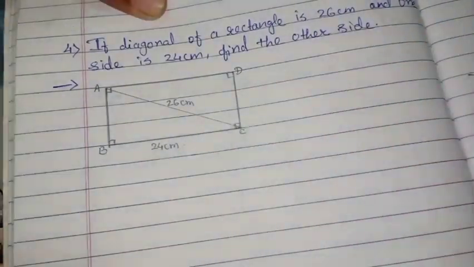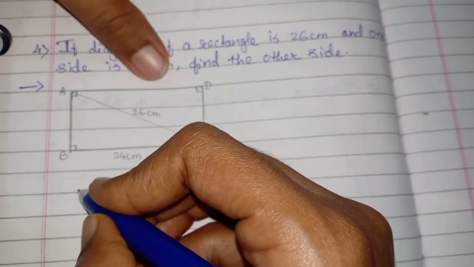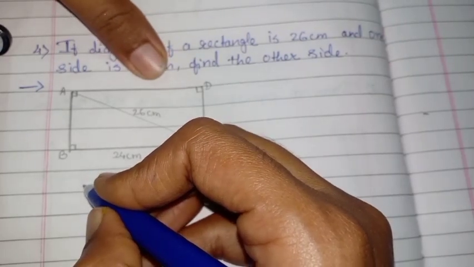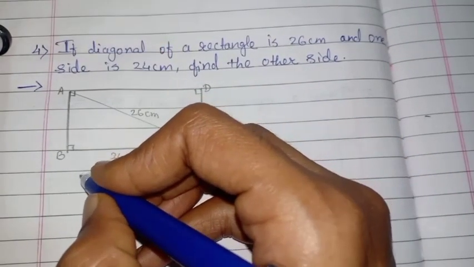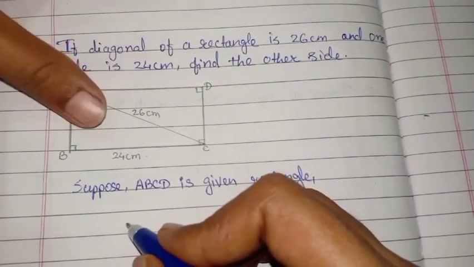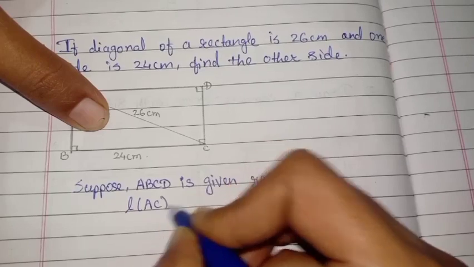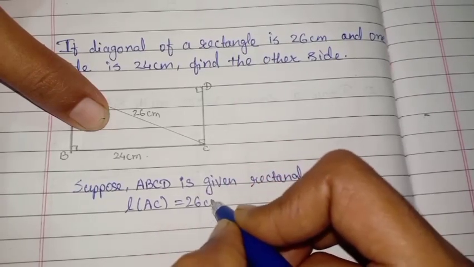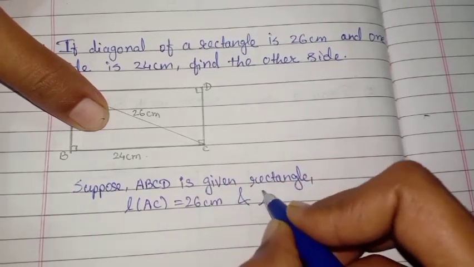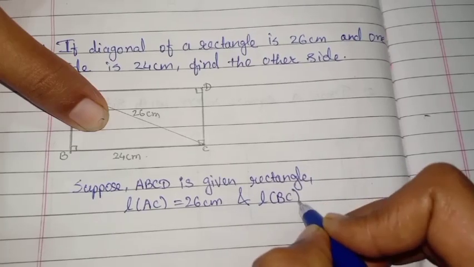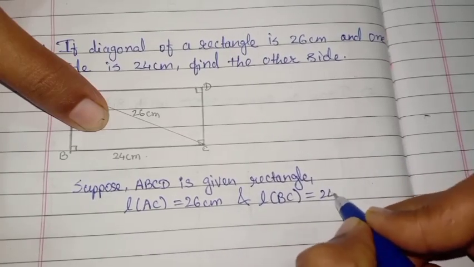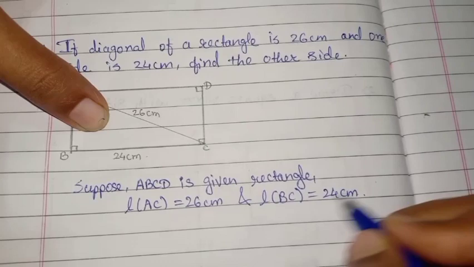So first of all we'll write, suppose ABCD is the given rectangle. Now length AC is equal to 26 centimeters and length BC is equal to 24 centimeters.